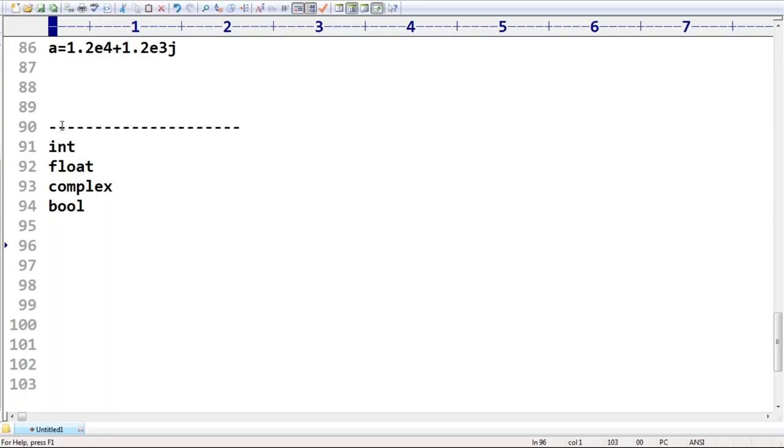We can use this data type to represent Boolean values like yes or no, or true or false. Make sure the only allowed values for the Boolean data type are True and False.